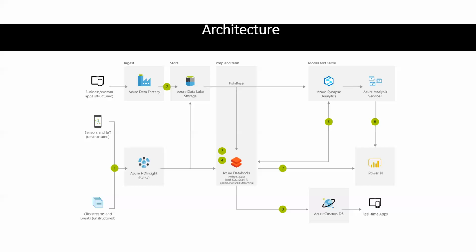If you see, the business applications and custom applications are structured. And the IoT devices, sensors, and IoT are unstructured, and clickstream, weblogs, data, and events are also unstructured. So we can stream that unstructured streaming data through Kafka.